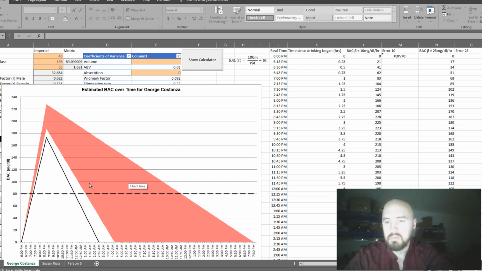So the only reason we would really need to update that is if you have some sort of lab values from the night in question. You need 2 blood draws showing the blood alcohol concentration at 2 different times, and that will tell you his elimination rate. If you don't have that, it's pretty much safe just to use the calculator or estimate it, but it will be within this range somehow.